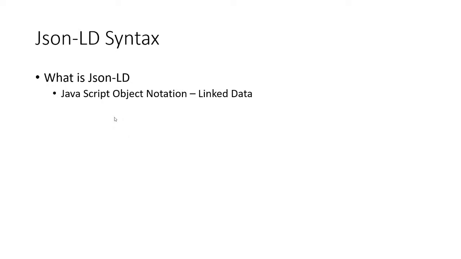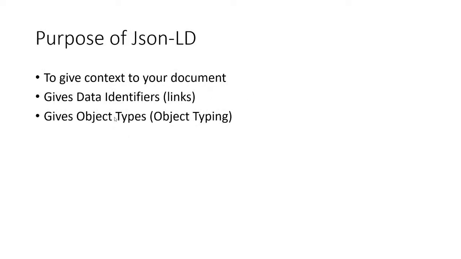The purpose of that is to give context to your document and give data identifier links, or pointers, to other parts of the web where we can define the objects that we are talking about. And the idea is also to define the object types that we are dealing with in a page.